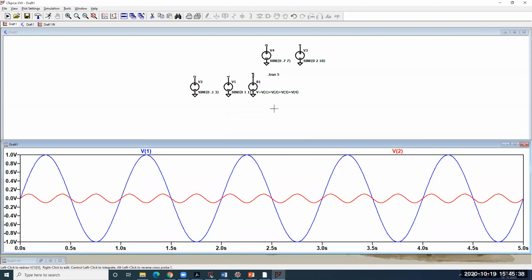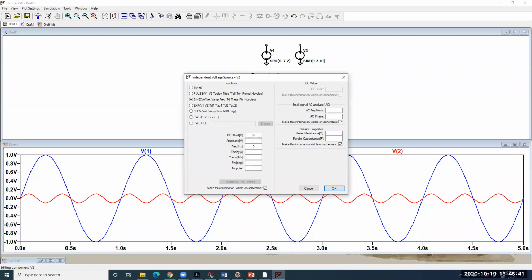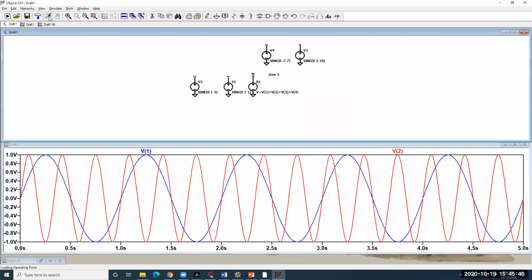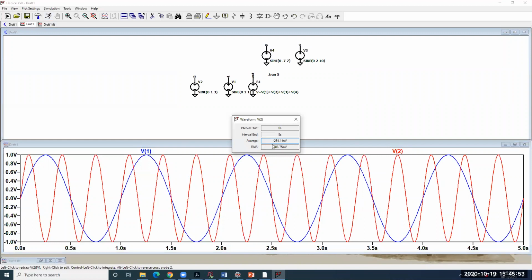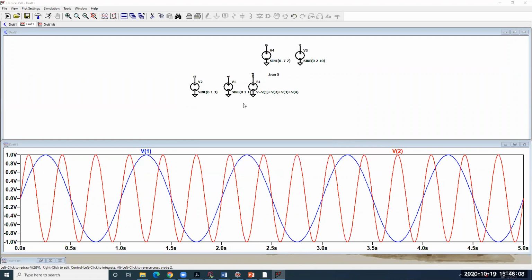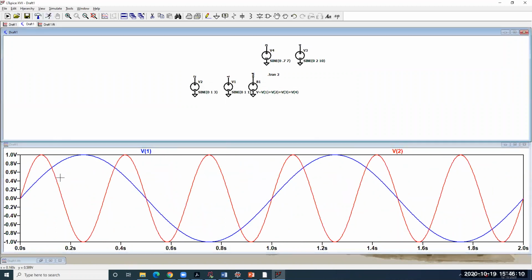But now what I'm going to do is keep the amplitudes the same. The RMS is practically the same, but the average will be a little bit off.